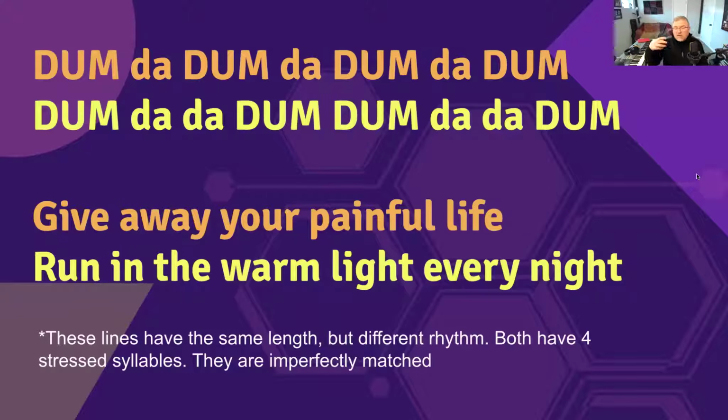Perfectly matched lines are very stable. It's very resolved; it balances itself out. This version, where it's matched but not perfectly, creates a little bit of tension between the lines, so they don't feel quite as resolved. They add a sense of tension and unbalance. And why would you want to think about that?